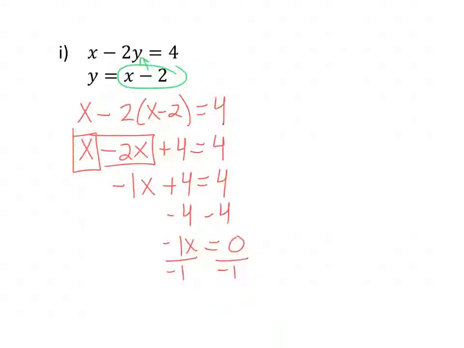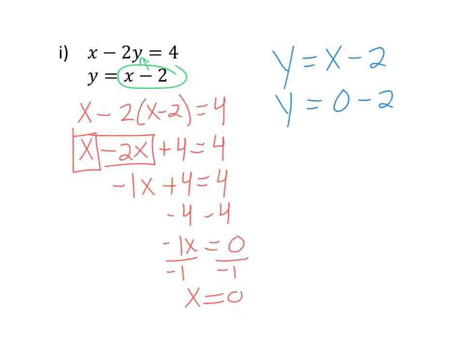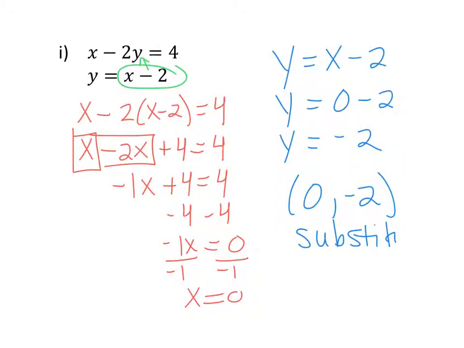Divide by -1. X equals 0. I'm going to plug into the second equation. Y equals 0 minus 2. Y equals -2. The solution is 0, -2, and I used substitution.